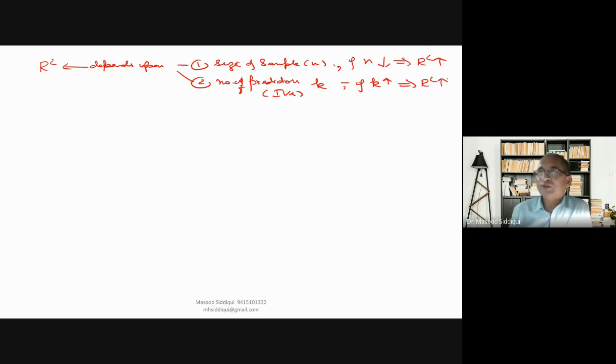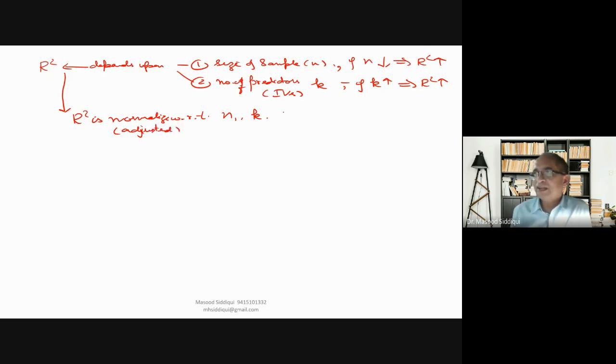So what do we do? In order to improve R square, this R square is normalized with respect to size of sample n and number of predictors. Or it is also said that R square is adjusted with respect to n and k.